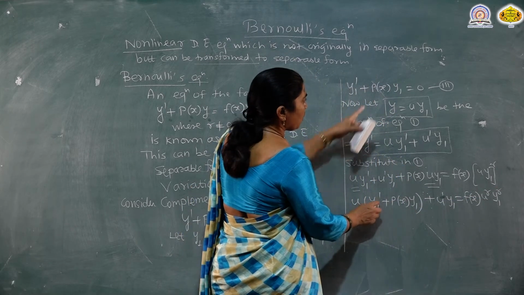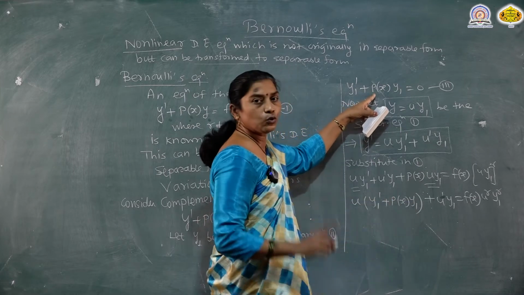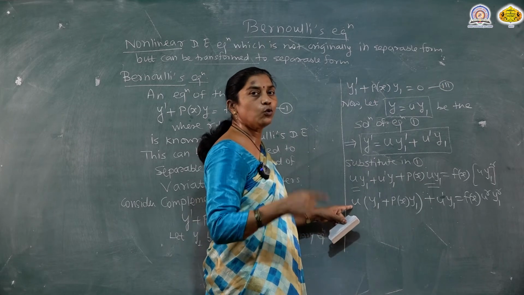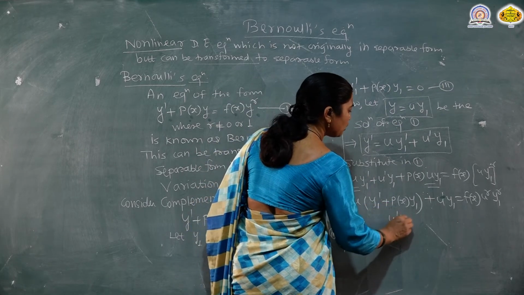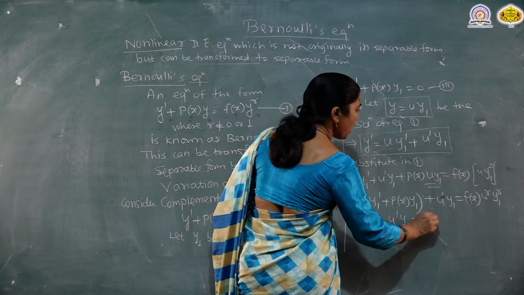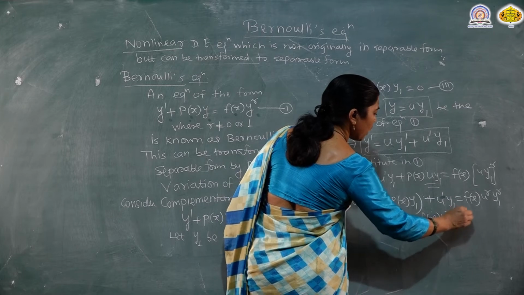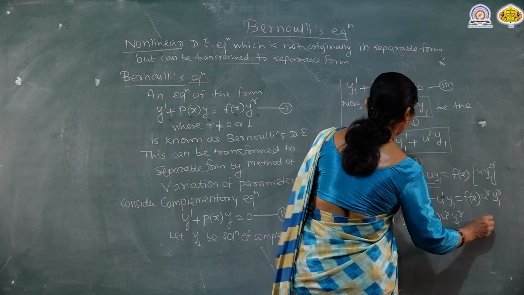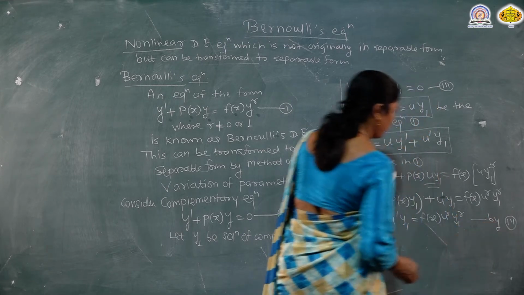Observe that from equation (3), y1' + p(x) y1 = 0. So this value is 0, and u into 0 becomes 0. So it remains u' y1 = f(x) u^r y1^r. This is because of (3).